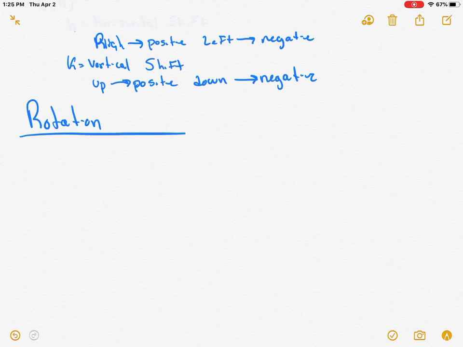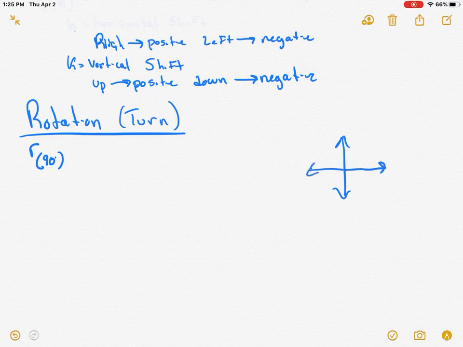A rotation is a turn. Okay? So if we're going to rotate 90 degrees, and remember, unless it says so, we always go counterclockwise. Because remember, when we name our quadrants on our coordinate plane, it's 1, 2, 3, 4.